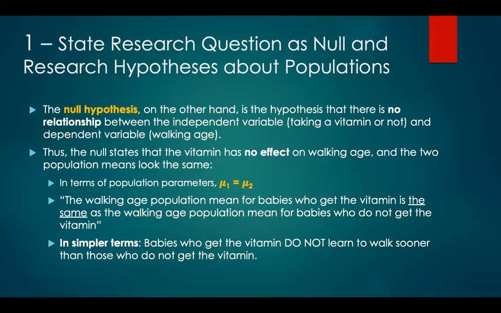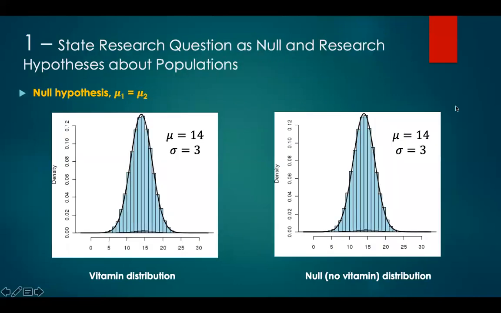In simpler terms, babies who get the vitamin do not learn to walk sooner than those who do not get the vitamin. So here's a visual representation. Under the null hypothesis, mean 1 in the distribution of babies who receive the vitamin is equivalent to mean 2, the mean of walking age for babies who did not receive the vitamin.